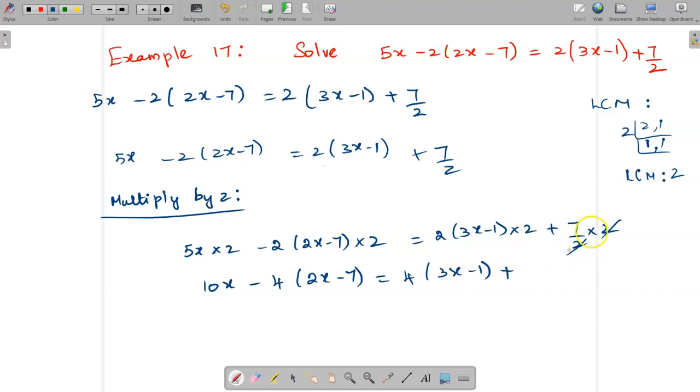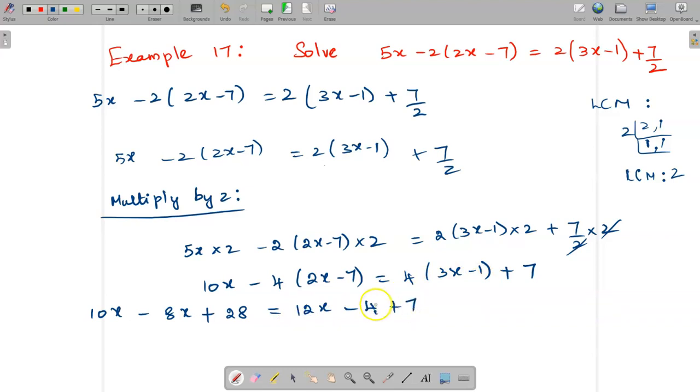Now you can simplify this equation. So 10x minus 4 into 2x is 8x, and minus 4 into minus 7, minus into minus is plus, 4 into 7 is 28, which is equal to 4 into x is 12x, minus 4 into 1 is 4, plus 7.